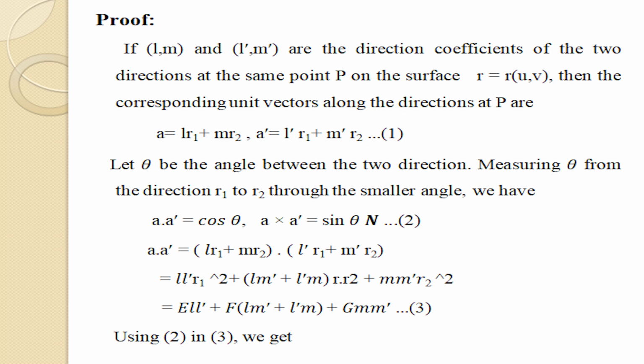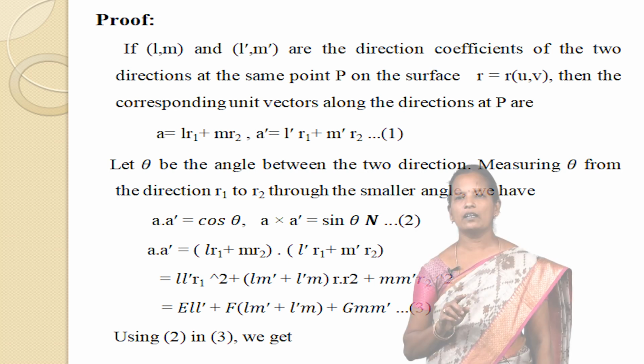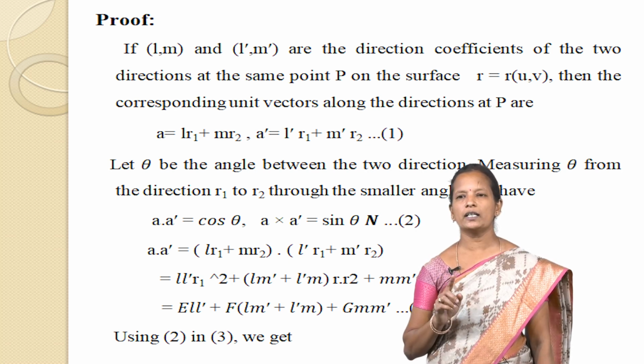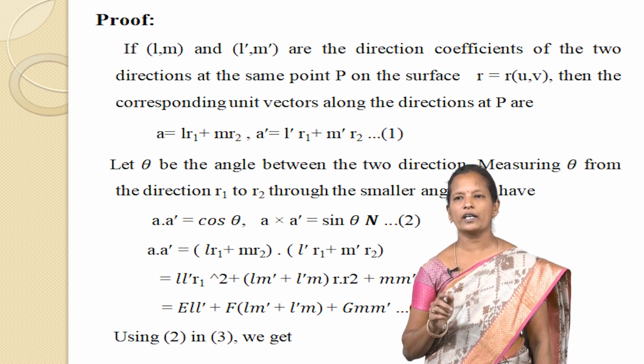Taking R1 R2 common, L M dash plus L dash M into R1 R2, plus the last one M M dash R2 dot R2, and R2 dot R2 is R2 squared.